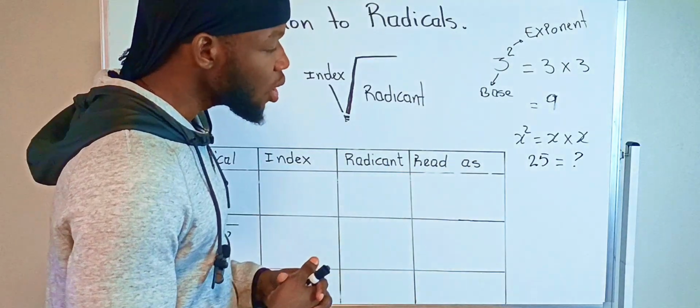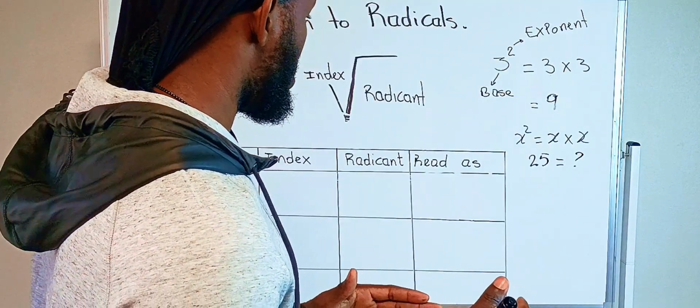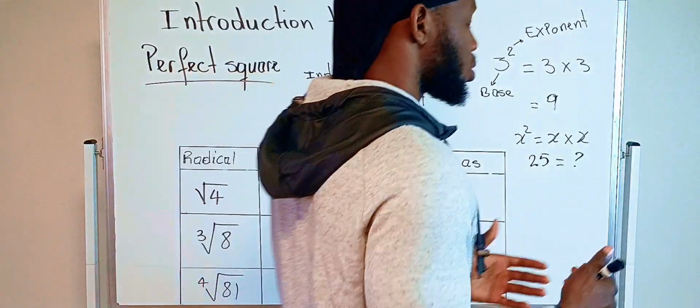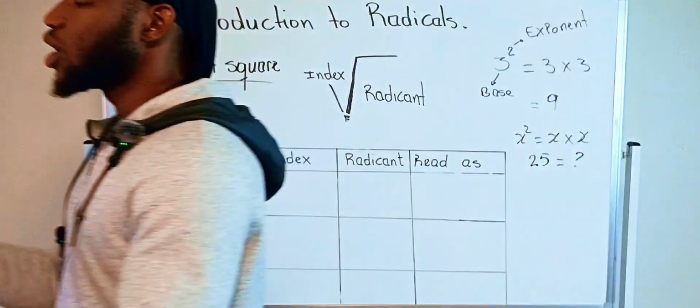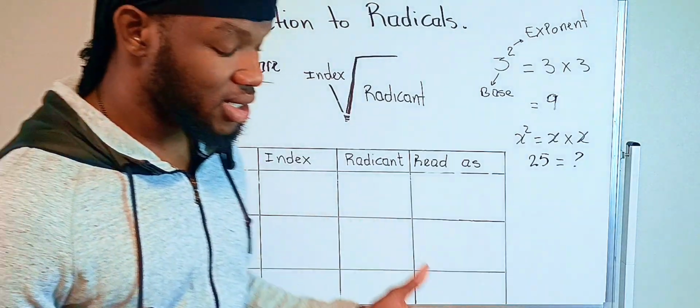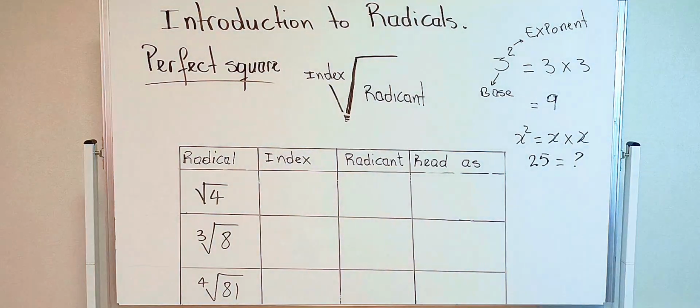It has to be the product of two identical rational numbers.